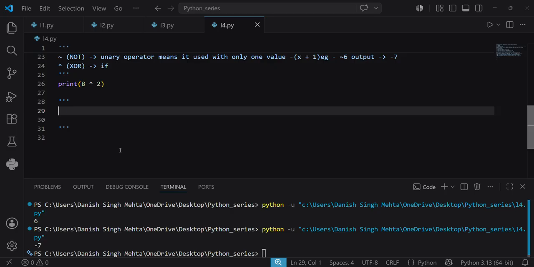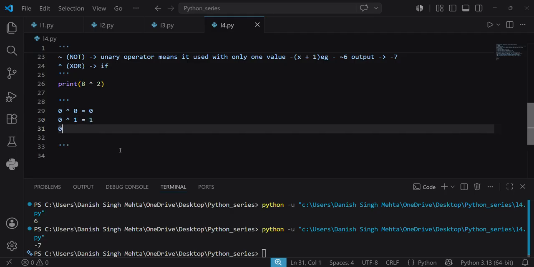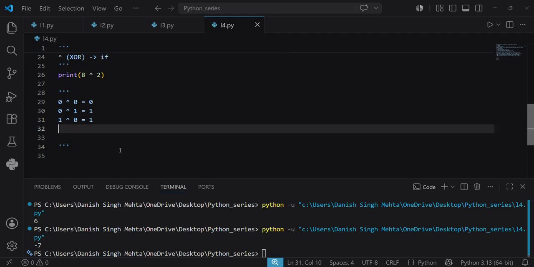What are the rules of XOR? If we have 0 XOR 0, then the result is 0. 0 XOR 1 is 1. 1 XOR 0 is 1.